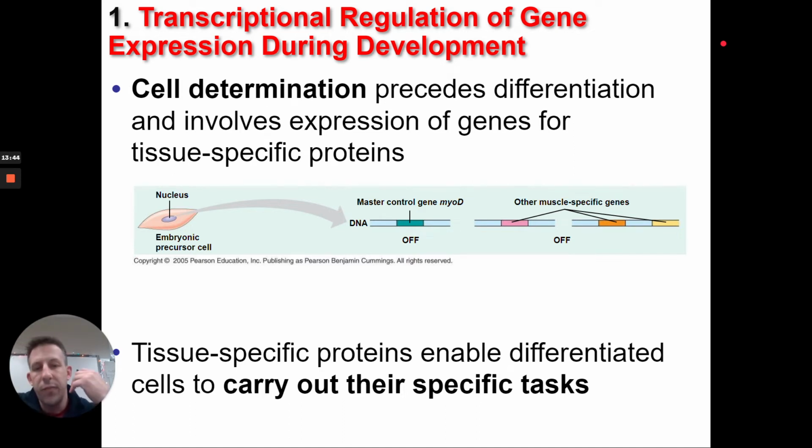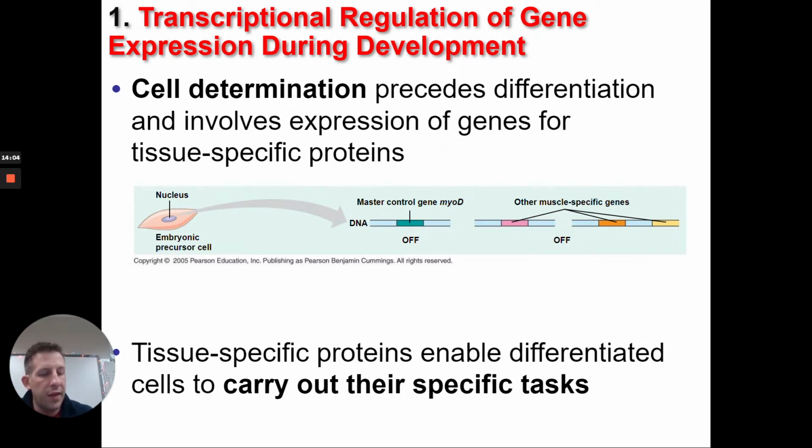Okay, so we have to talk about this on two different levels. Number one, we have to understand that early on, our early developing embryo, which is our early body, is a very generic ball of cells.